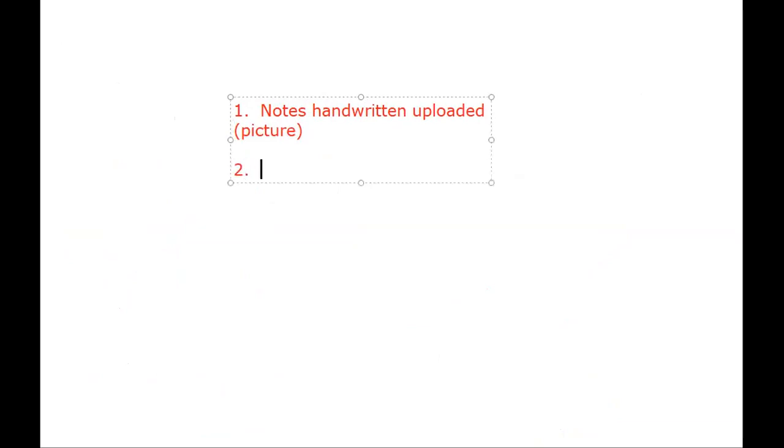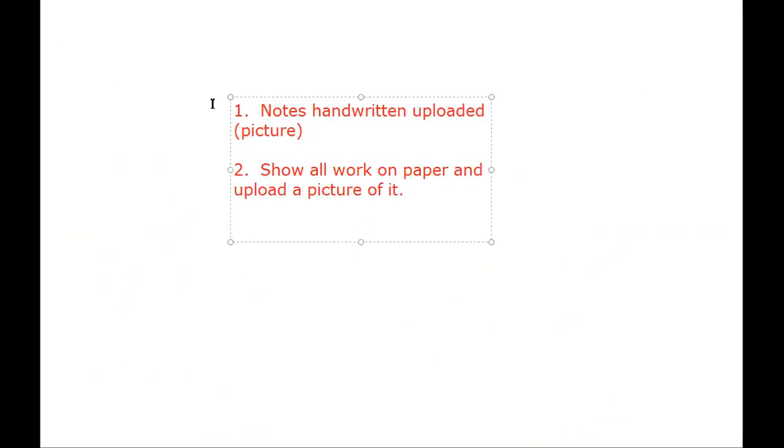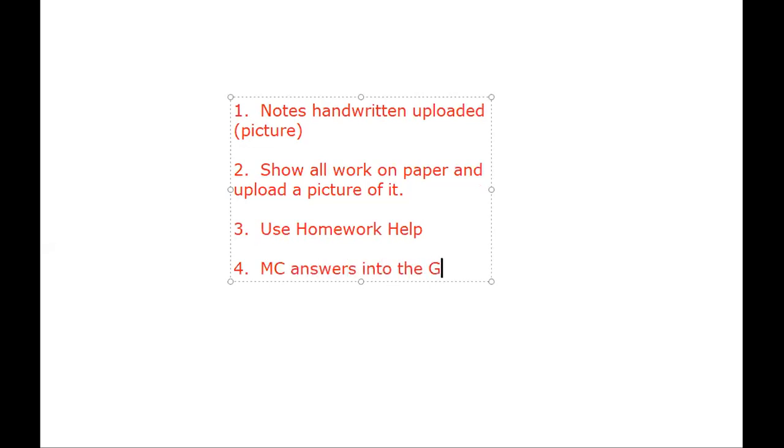The second step is show all your work on paper and upload a picture of that. You have got to use homework help. If you're at all struggling, you have to use homework help. Make sure that you get these correct with the assistance of a live tutor. And then the last thing, you're going to put your multiple choice answers into the Google form.